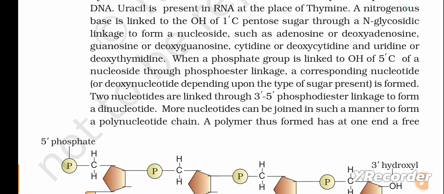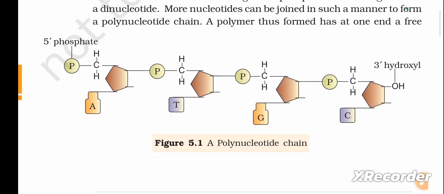Two nucleotides are linked through 3' to 5' phosphodiester linkage to form a dinucleotide. More nucleotides can be joined in such a manner to form a polynucleotide chain. Here you can see the picture 5.1, a polynucleotide chain.